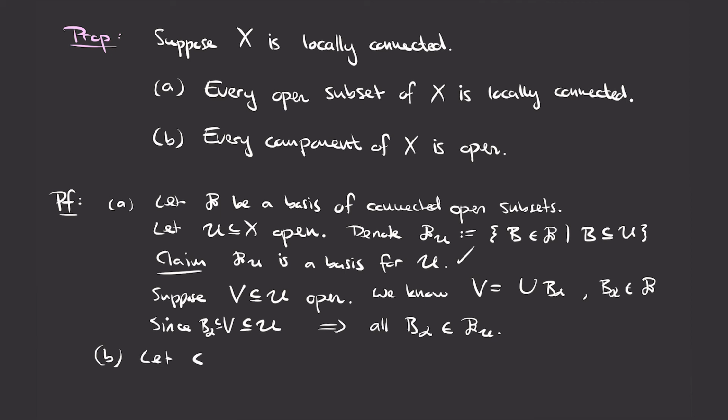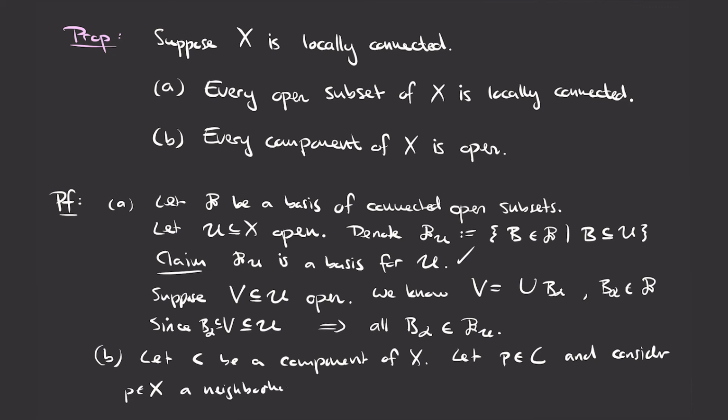So we let C be a component of X. Now we let P be some point in C and consider X to be a neighborhood of P. We know that the entire space X is open, so in particular it's a neighborhood of P. Then by the local connectivity of X, there is some open connected set that contains P. So P is contained in some U which is open and connected.